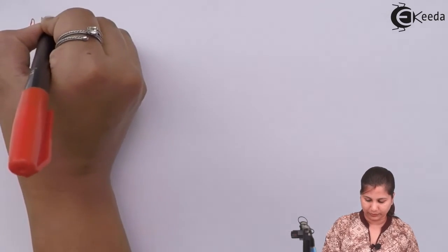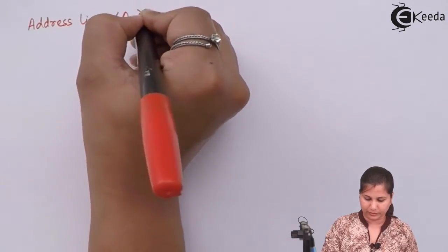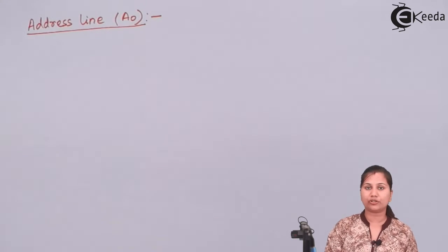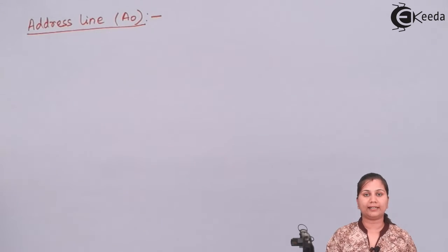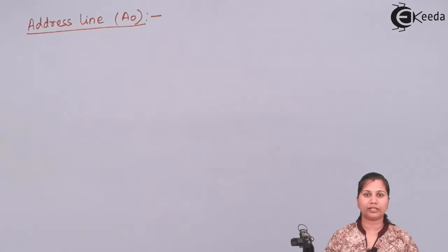Next we have the address line A0. This address line, along with the read, write and the chip select lines, decides whether the data available on the data bus is to be written or read by the 8259 and the CPU, and the command words are given through this address line.